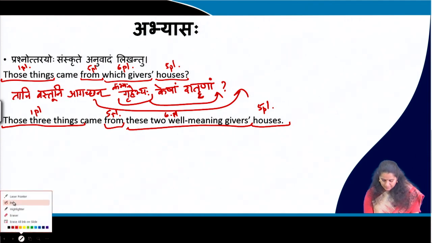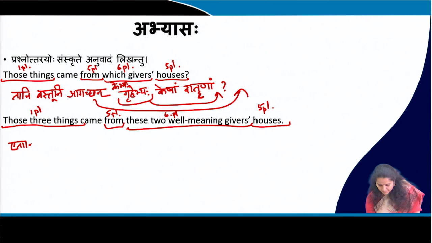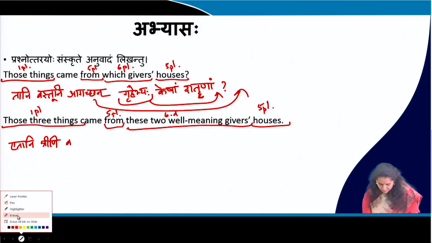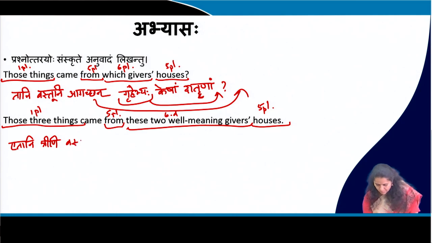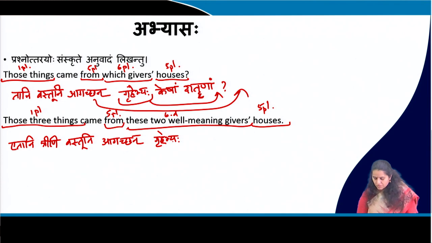These three things, okay, tari etani trini, uttamam, trini vastuni, so let's just go back. Vastuni agachan from these two, from houses, so grihebhyah, grihebhyah. Okay, so that's a grihebhyah.